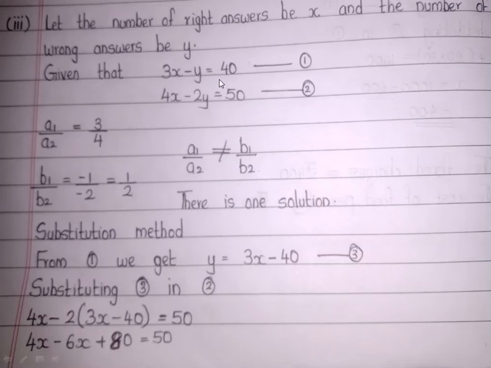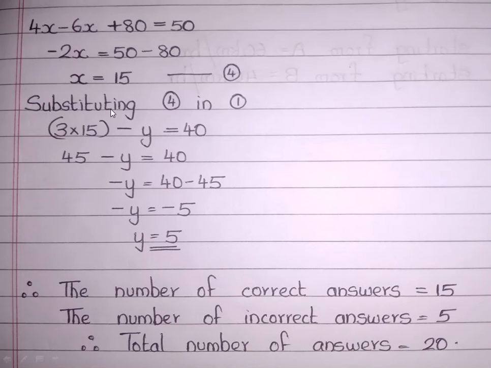In the first equation, y equal to 3x minus 40. Substituting this, we will get the equation as 4x minus 6x plus 80 equal to 50. So here you will get x is equal to 15.